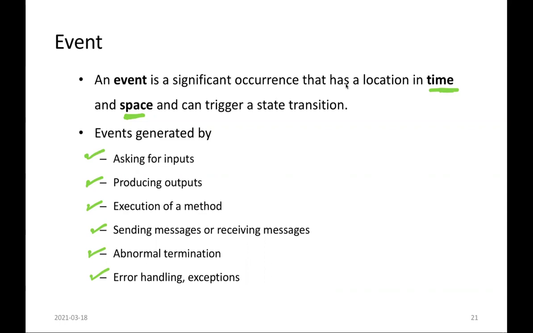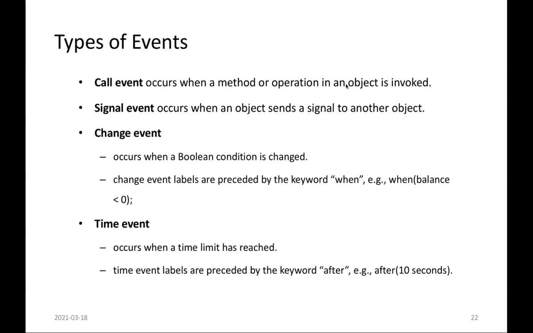What are the main types of events that we can see in a system that cause transitions between different states, as part of modeling the behavior of objects or even systems? There are 4 different types. The first one is the call event. The second one is the signal event. The third one is the change event. And the last one is the time event.